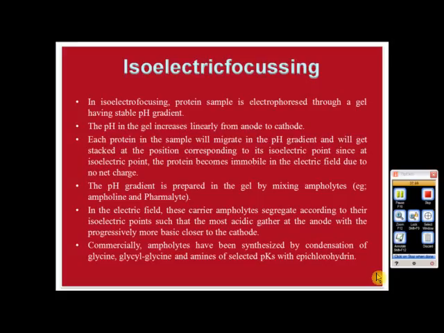Each protein in the sample will migrate in the pH gradient and will get stacked at the position corresponding to its isoelectric point. The isoelectric point is the pH at which the net charge on the protein is 0. When the net charge is 0, even if you apply the electrical field, it won't move. Depending upon its isoelectric point, it will stop.